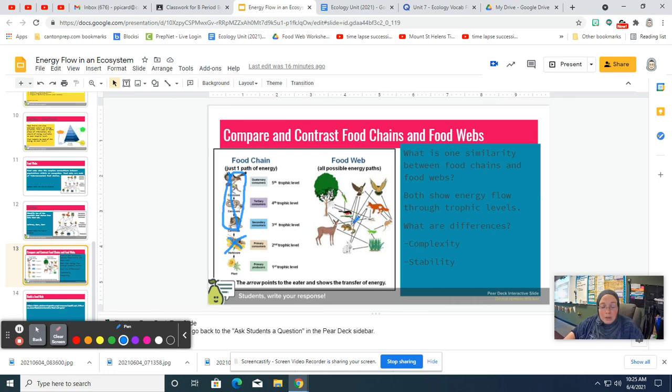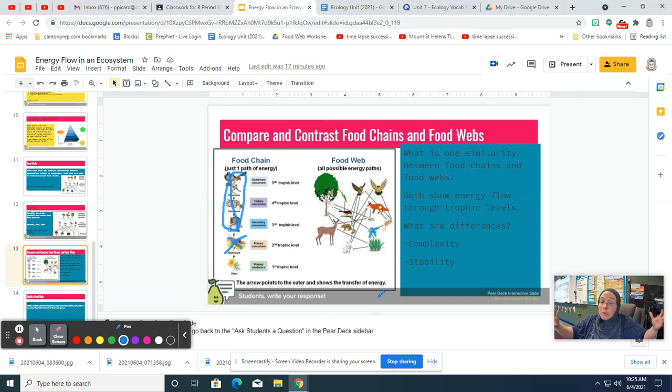Within a food web, there's more stability. If something happens to an ecosystem, to one organism, again, here's our grasshopper, because a food web has lots of different paths, the organisms that normally rely on the grasshopper would have other options. And so our food web has more stability, can withstand more change.